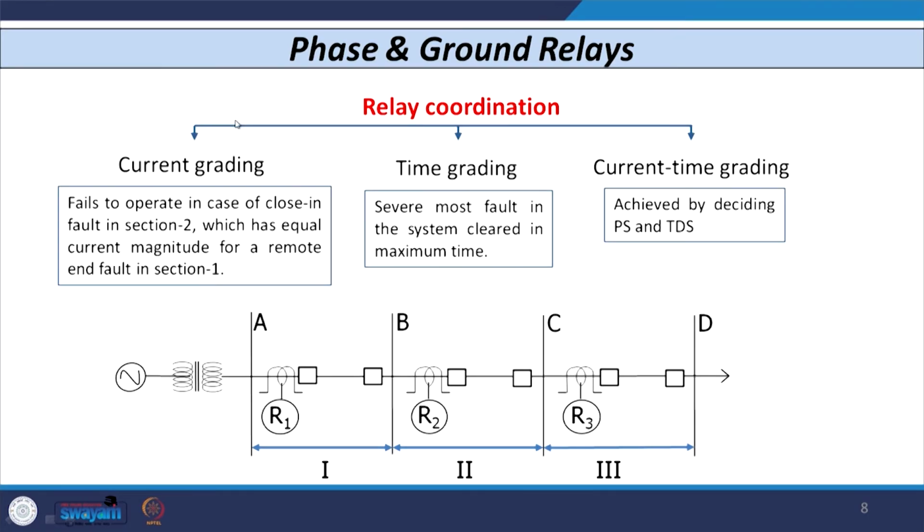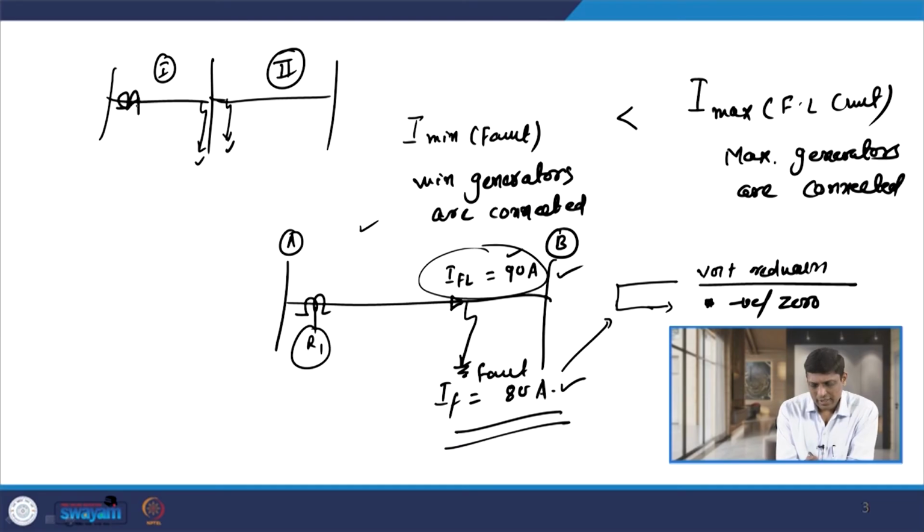The second type of coordination procedure is known as time grading. So, we carry out the coordination of relays based on time. However, this method is also usually not used in the field because the most severe fault is cleared by a very long time delay, and the best example is the relays here. Let us say we have a relay R1 and relay R2 in section 1 and 2.